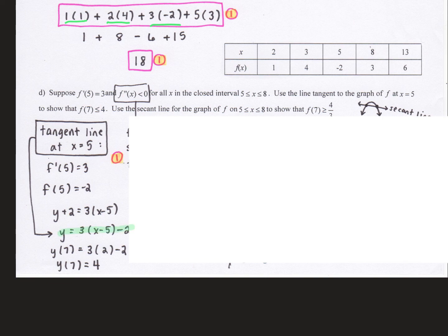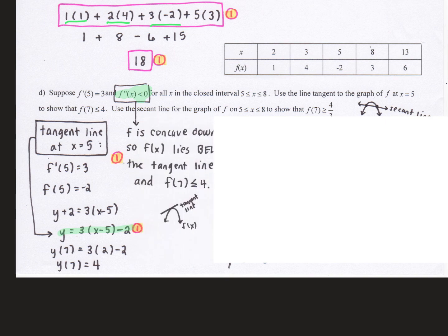The question also tells me that f double prime is less than 0. What that's telling me about f is that we have a concave down graph. And recall that when you have a concave down shape, as I have here, my tangent line lies above it. So my function value is going to be less than my tangent line value.